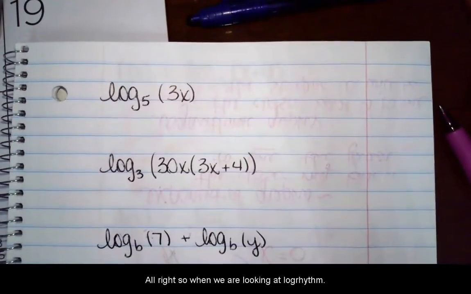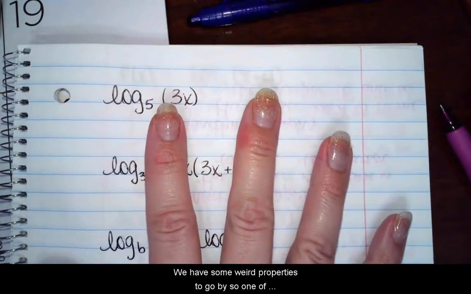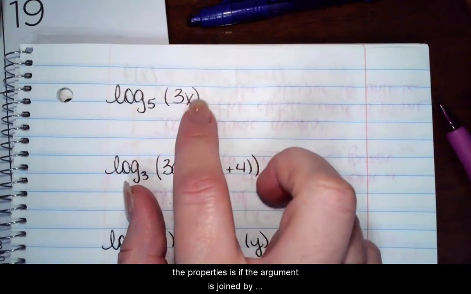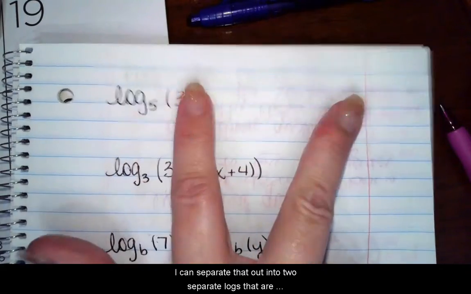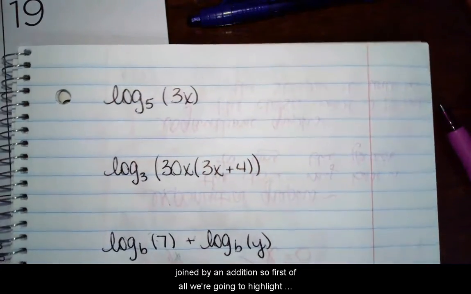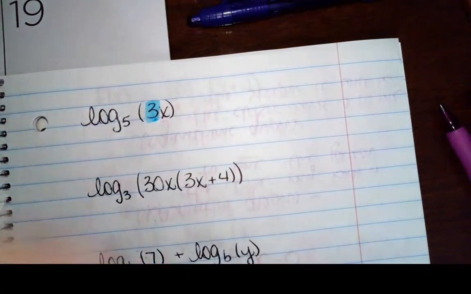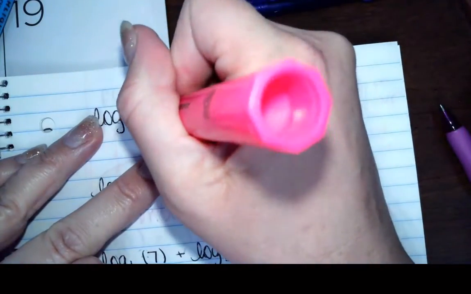All right, so when we are looking at logarithms, we have some weird properties to go by. One of the properties is if the argument is joined by multiplication, I can separate that out into two separate logs that are joined by addition. First of all, we're going to highlight the two different factors. I have a 3 times an x.